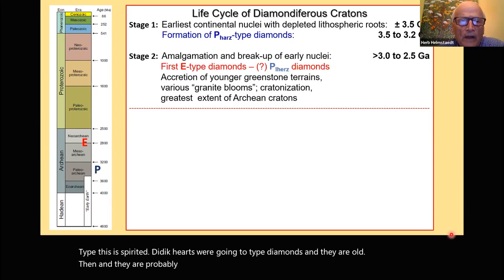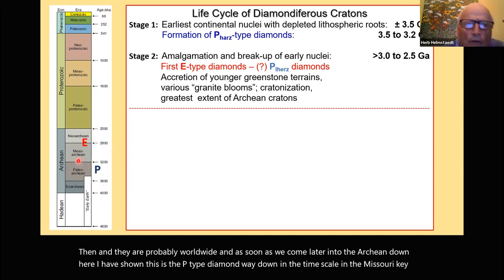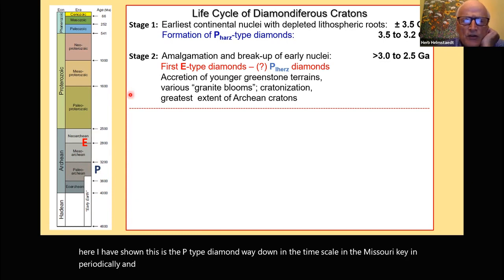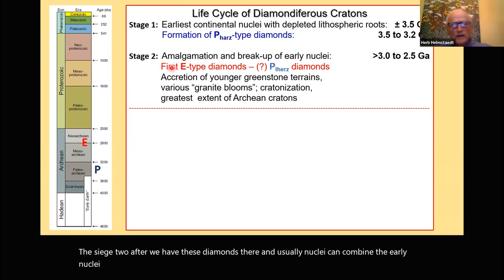And as soon as we come later into the Archean, down here I have shown the P-type diamond way down in the time scale in the Mesoarchean, Paleoarchean boundary here. Stage 2, after we have these diamonds there, usually nuclei can combine, the early nuclei, and there are the first E-type diamonds formed, and any peridotitic diamond that forms later is usually a lherzolite.